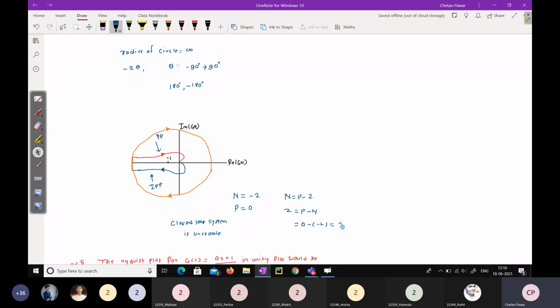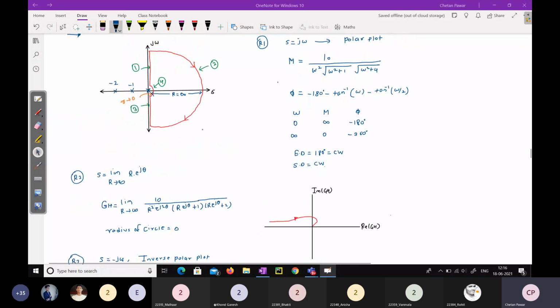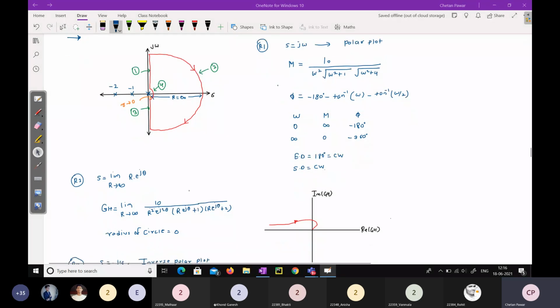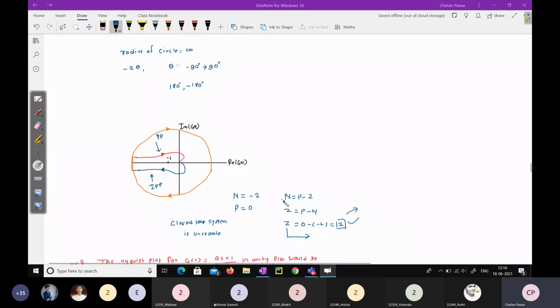Minus 2. So what is Z? 2. What does it indicate? It indicates that there are 2 closed loop poles inside the contour. And what is the contour? It is the right hand side of the S-plane, so the contour is drawn in the right hand side only. So there are 2 closed loop poles inside the contour, so we can say that this system is an unstable system. In this way, you can determine the stability of the system.